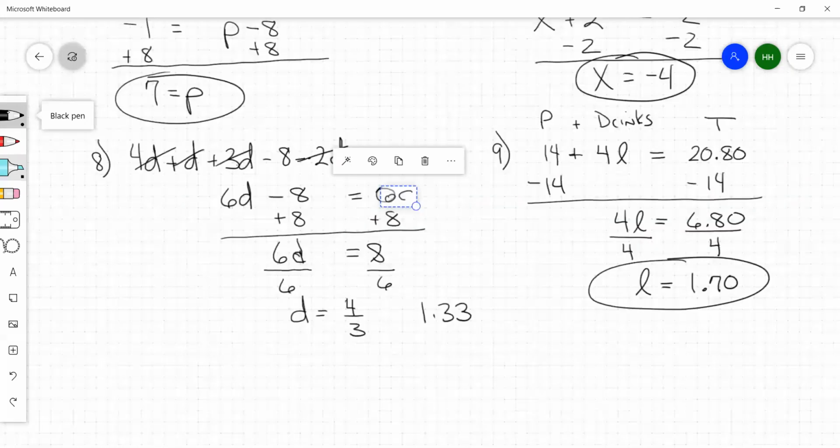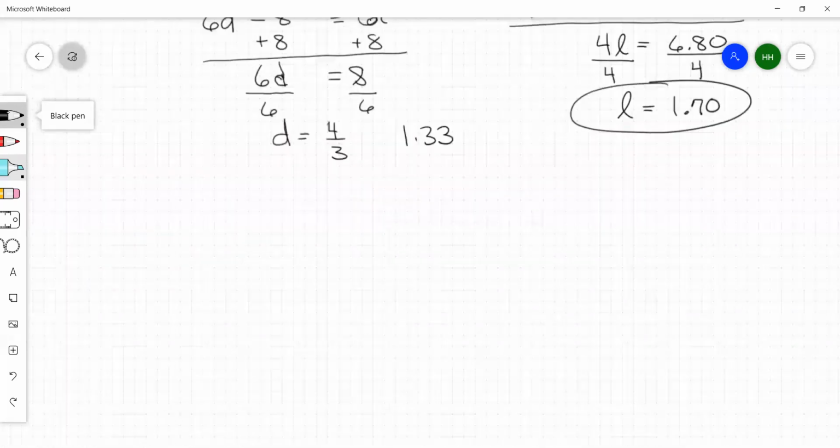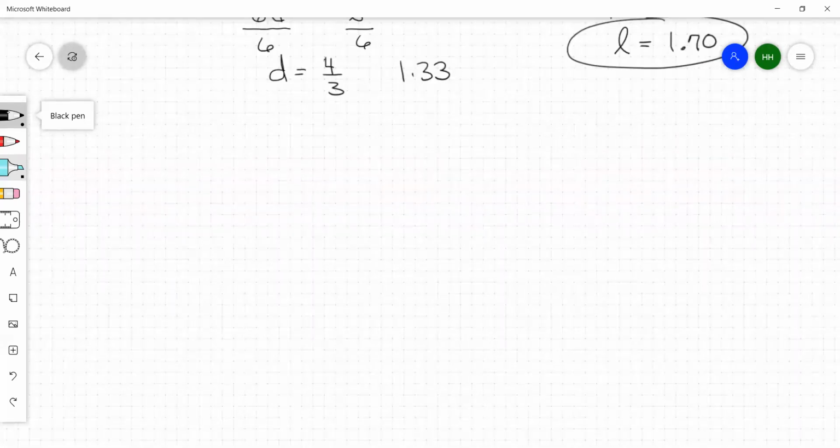All right, number 10. Let's see what's going on here. Angela and Neil, they're going to the movies. They each bought a medium popcorn. So they got 2 popcorns. Neil got a small soft drink. So they got 1 drink.